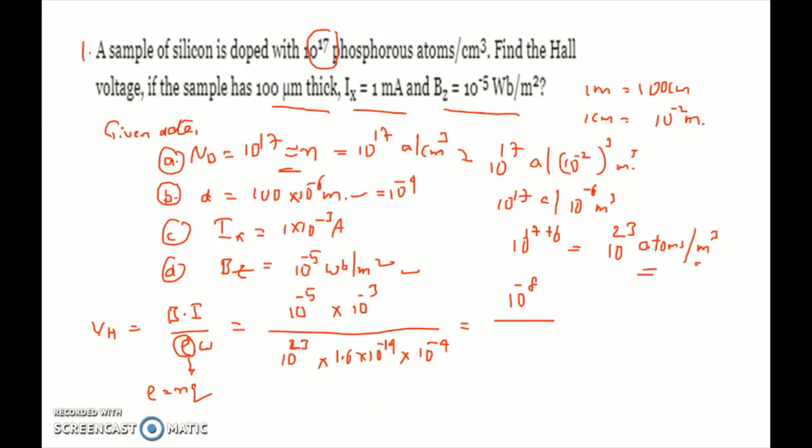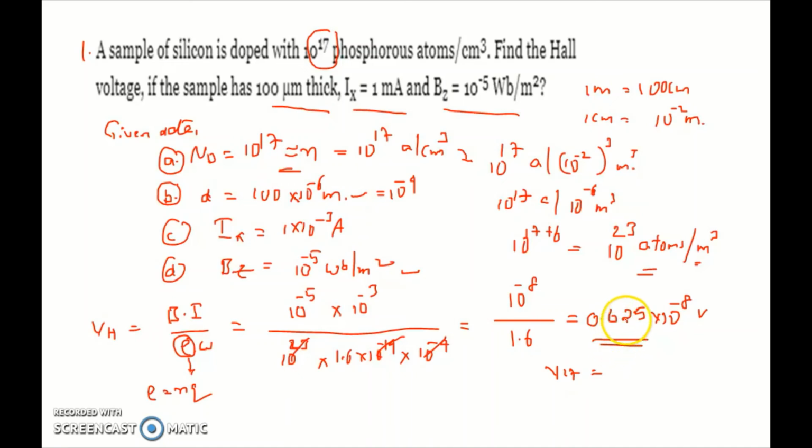Sorry, so 10 power minus 23 gets cancelled with 10 power plus 23. In the denominator I will get 1.6. So now it becomes 1 divided by 1.6 into 10, that is equal to 0.625 into 10 to the power of minus 8 volts. Okay, so it is my V_H.